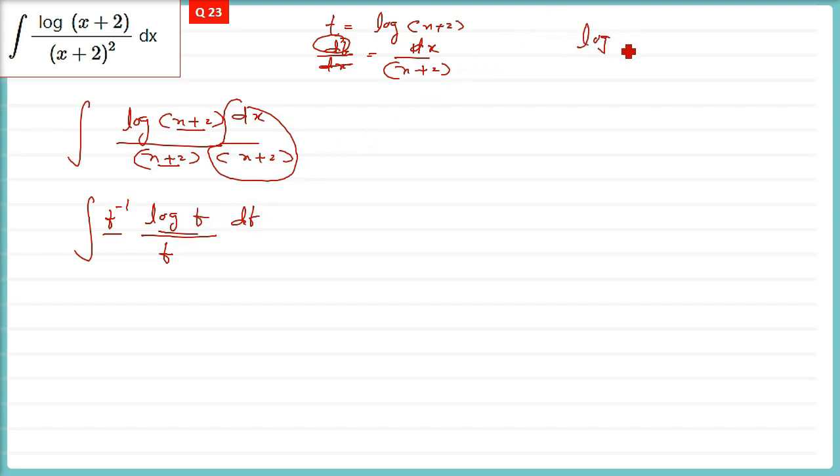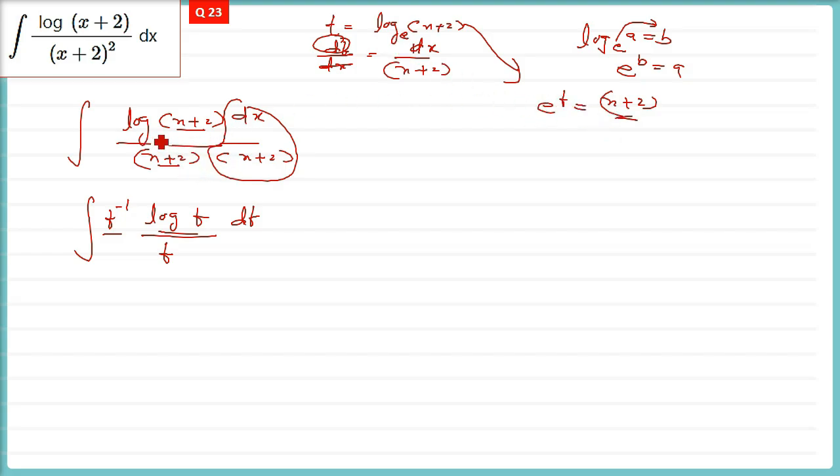You know that log base e of A equals B means e raised to B equals A. That is the standard result of log, and that is how log and exponents are related. So e raised to t will be equal to x+2 by the same analogy.